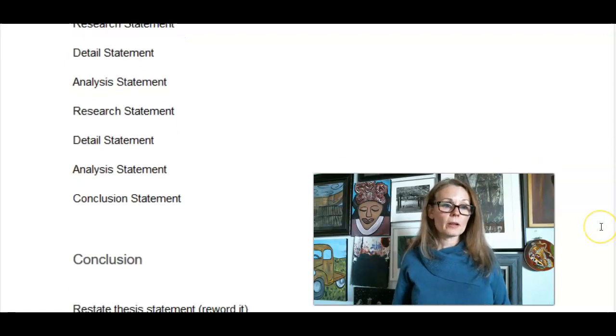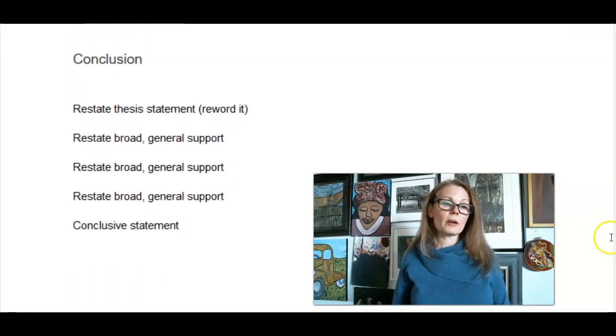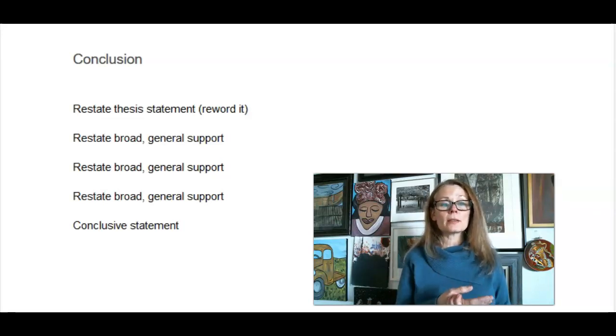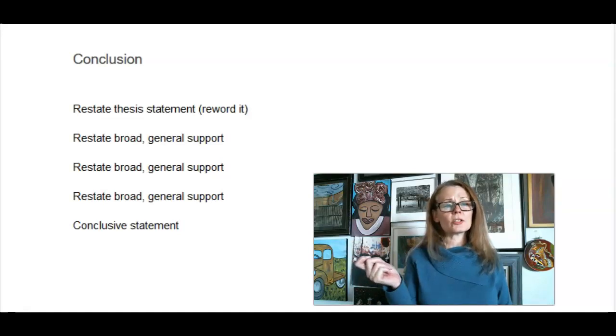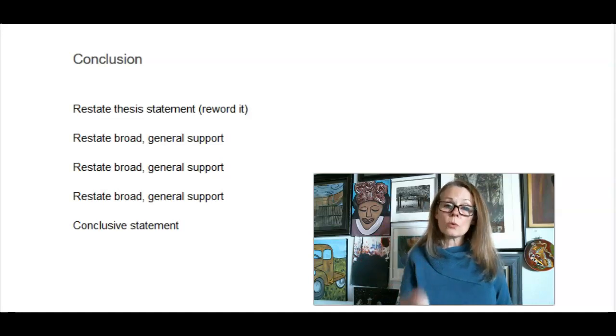All righty? Okay. Conclusion paragraph. Let's talk about this. Your conclusion paragraph is pretty easy. You're going to start off by restating the thesis statement. Please don't just copy and paste your thesis statement. That's such a cheap thing to do. Don't do that. That's lazy. Instead, reword it.